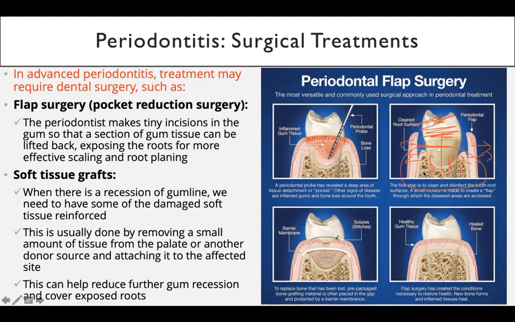What is scaling and root planing? Do not make me revise. You know, scaling is the removal of plaque and tartar. Root planing is not only the removal of deep plaque towards the apical side, but also helps in avoiding the further buildup of tartar, plaque, and bacteria, and allows it to heal itself.